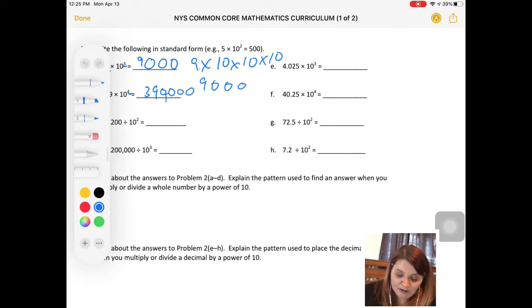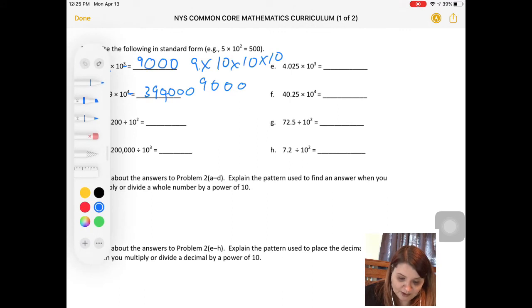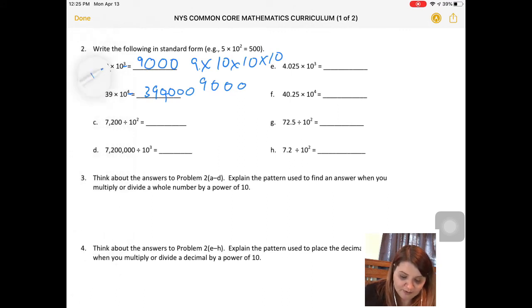So right down here we've got 7,200 divided by 10 to the second power. So this is the same as saying 7,200 divided by 100 because 10 to the second power is 10 times 10, which is 100.